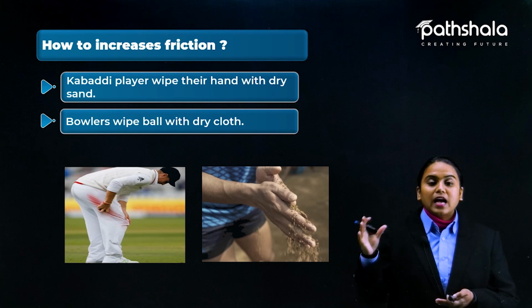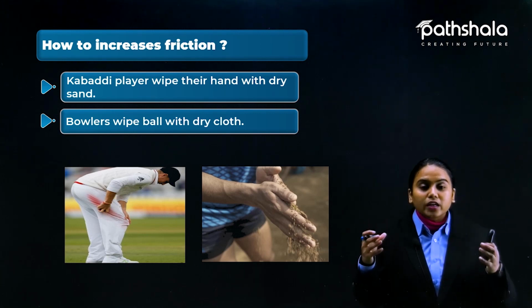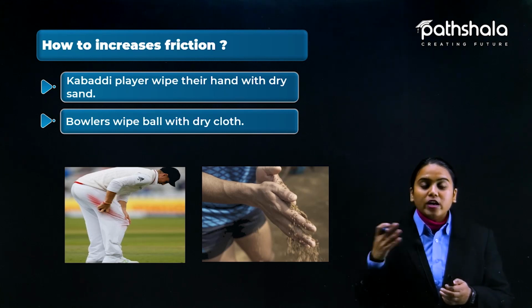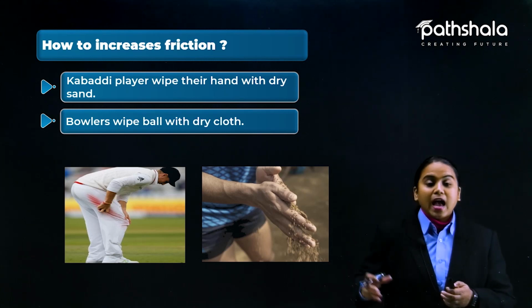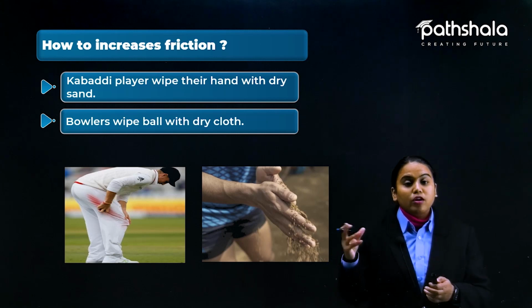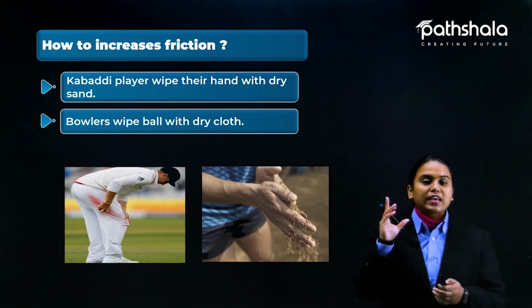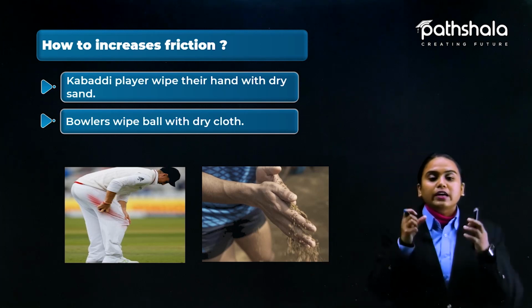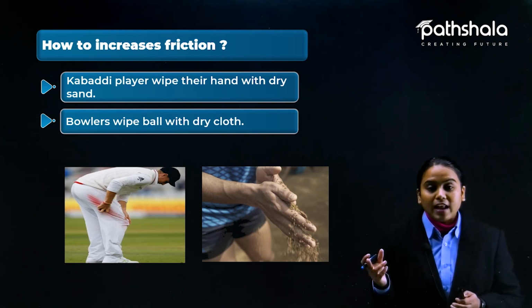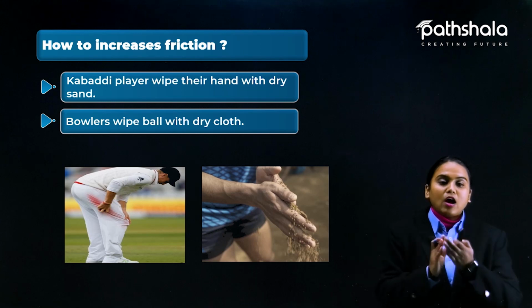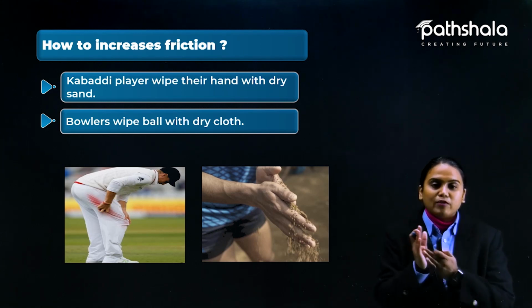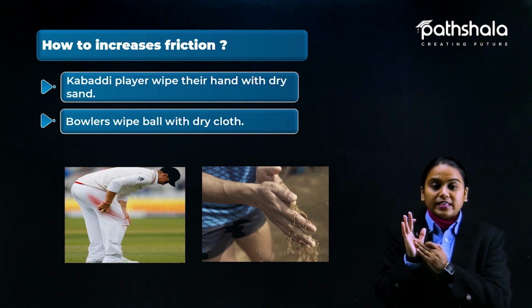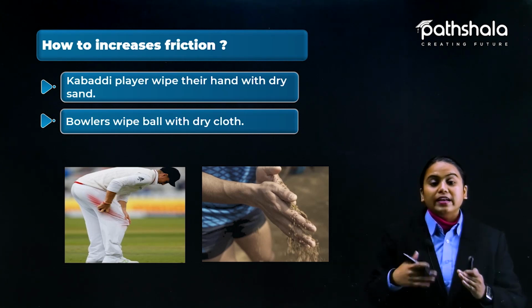Kabaddi players need to hold the opponent with a very good hold, and that is only possible if their grip is good, and grip works on the principle of friction, as we have discussed earlier. So to increase the grip, we need to increase the friction value, so kabaddi players wipe their hands with dry sand, and the surface irregularities in their hands increase automatically.